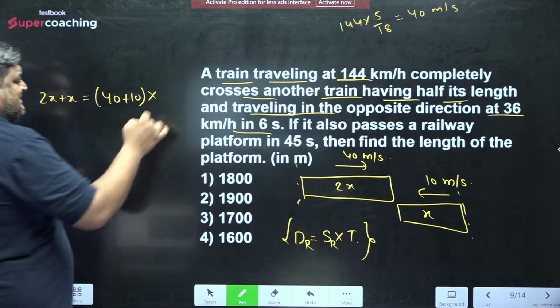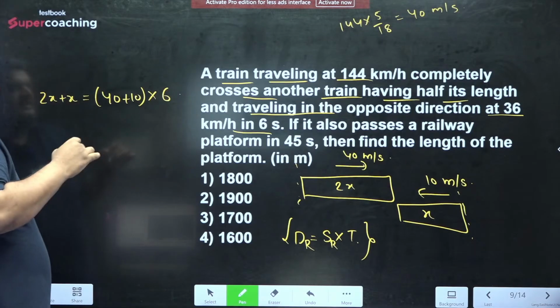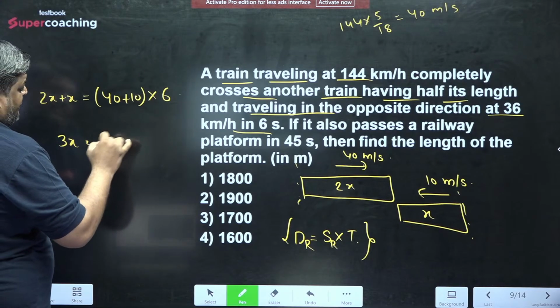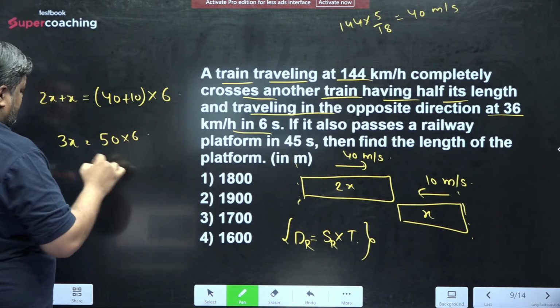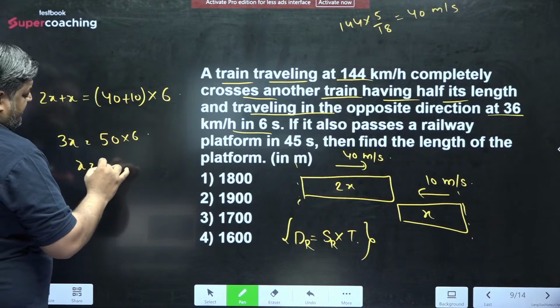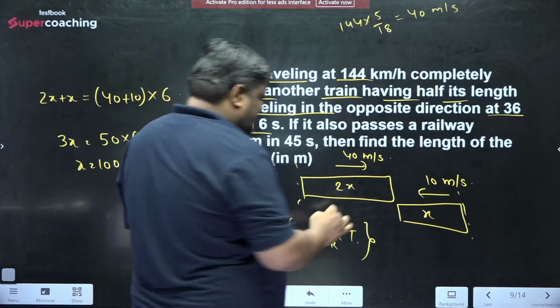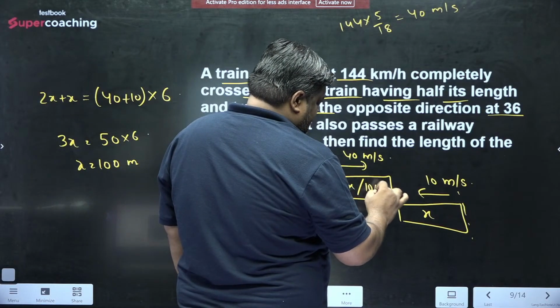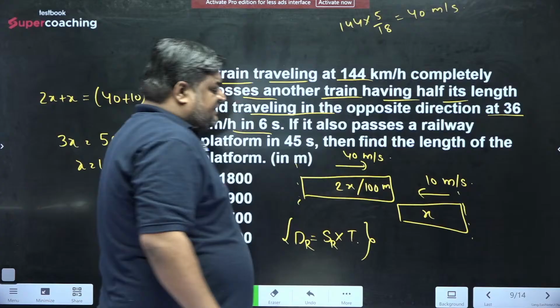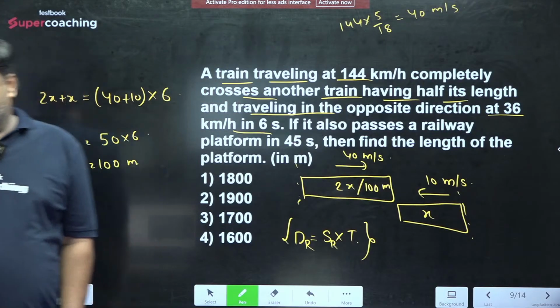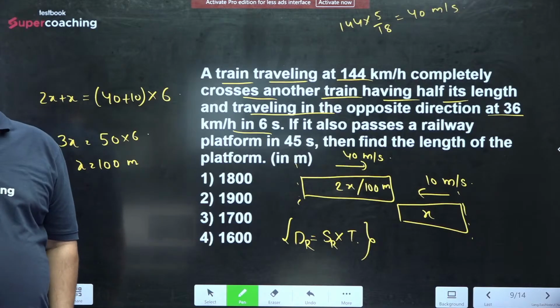Time given is 6 seconds, put 6 over here. So 3x is nothing but 50 into 6. X is nothing but 100 meters. So the length of the train is 100 meters. Very good. You got the length of the train.